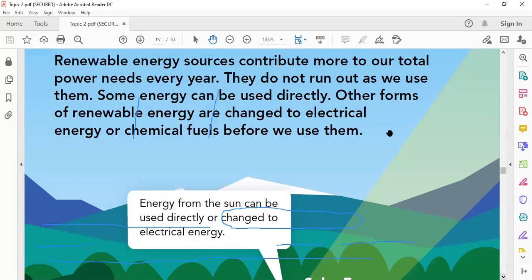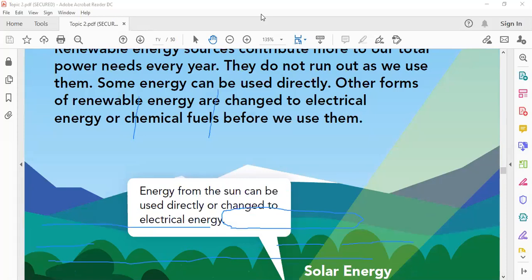The first type of renewable energy sources is the sun. Energy from the sun can be used directly, as you know. When you sit down in your home and the sun comes directly to you, you can use it directly. We already get warm by the sun.